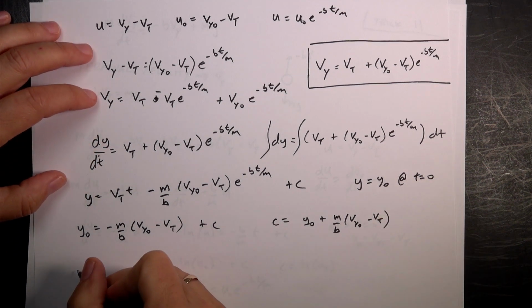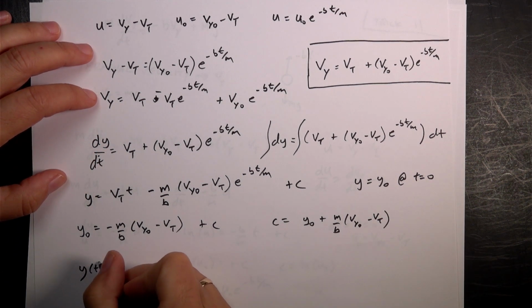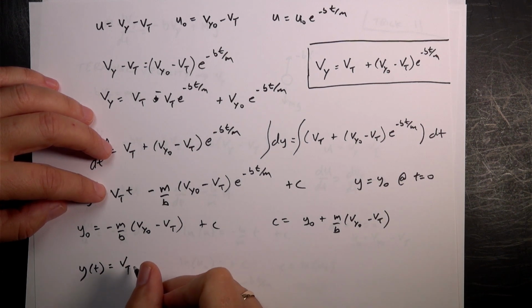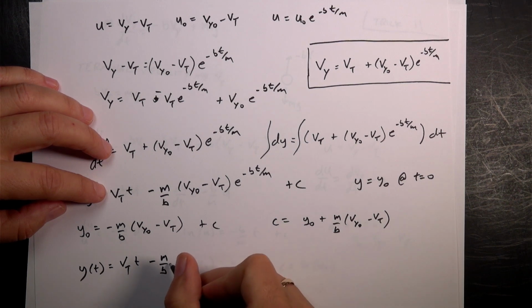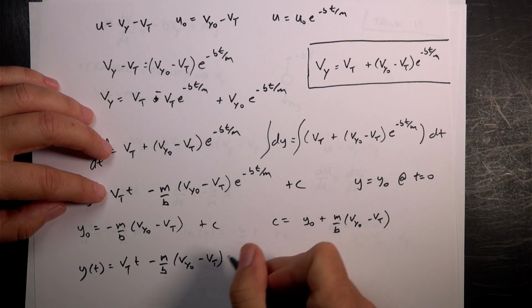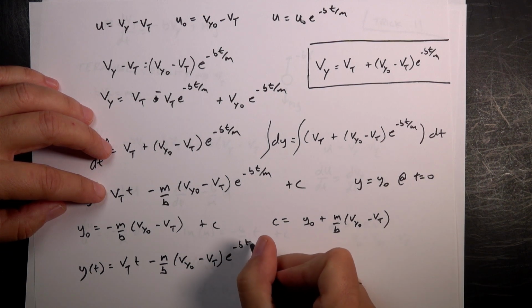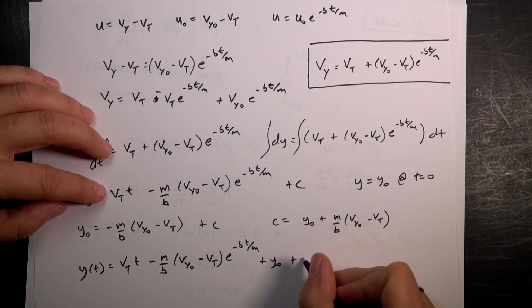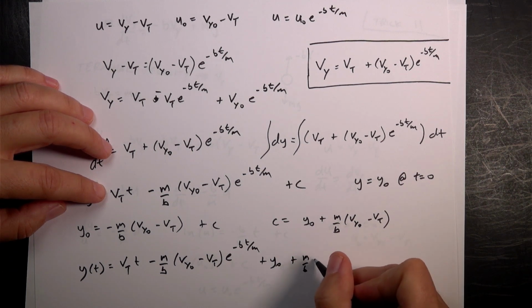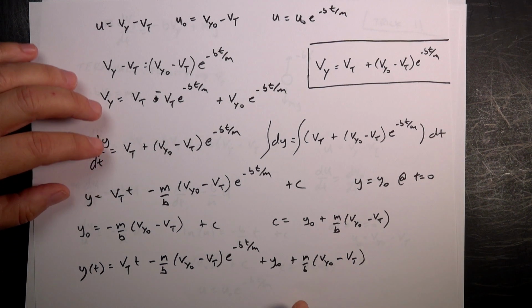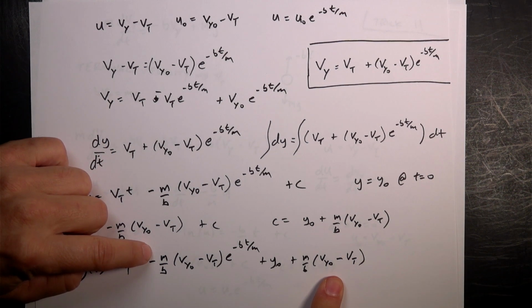And if I put that all together, y as a function of time is going to be vt t minus m over b (vy0 minus vt) e to the negative bt over m plus y0 plus m over b (vy0 minus vt). So I have that term right there and there.